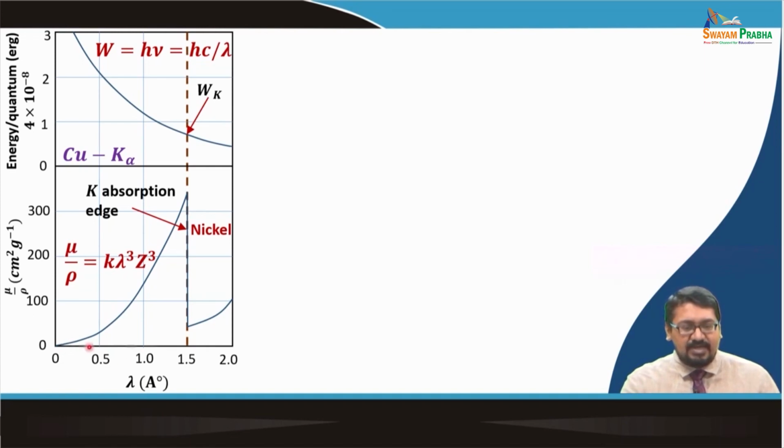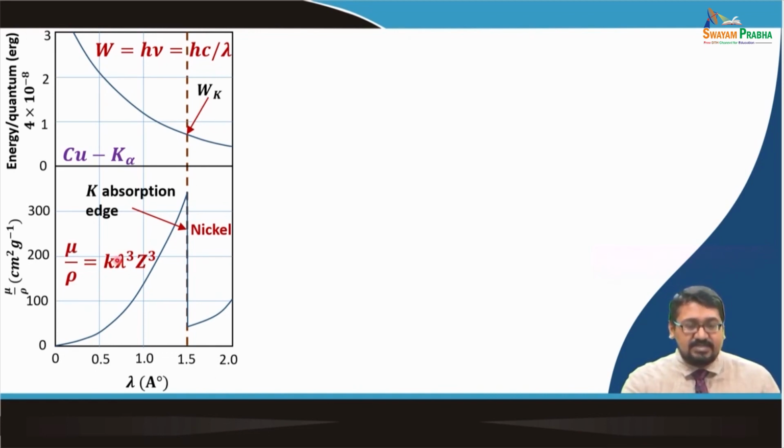But if we look at this whole curve, there is another curve which has the same trend, that as the wavelength is decreasing from 2 to 1.5, the mass absorption coefficient is decreasing. But at a certain energy of this incident X-ray, there is a large peak, and this peak corresponding to the energy Wk is seen.